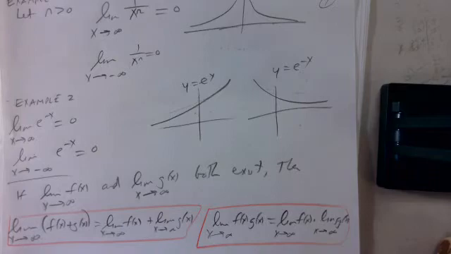What about other familiar functions? Well, what's the limit of the sine of x as x goes to infinity? Sine of x looks like that. It oscillates between 1 and minus 1. So this limit does not exist.